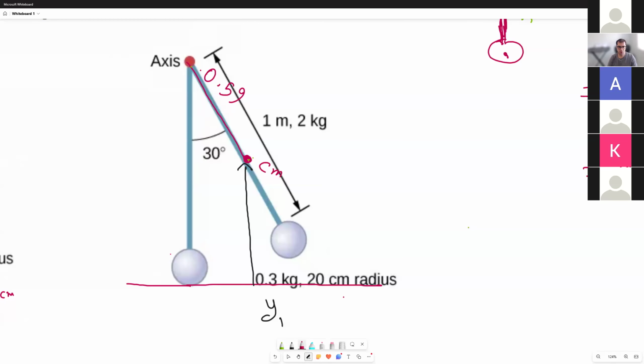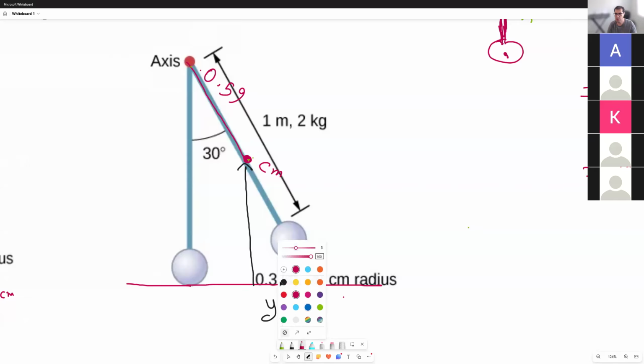You're very close. You are super close. So what Lucian is saying, he is looking at this height. It's how much? This whole height.